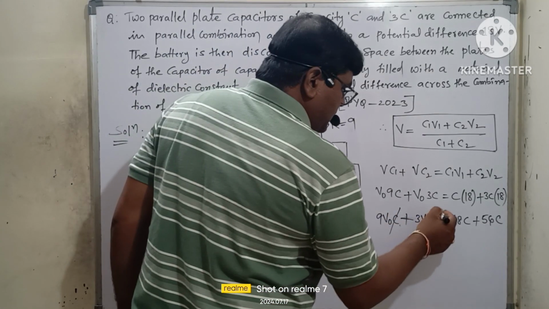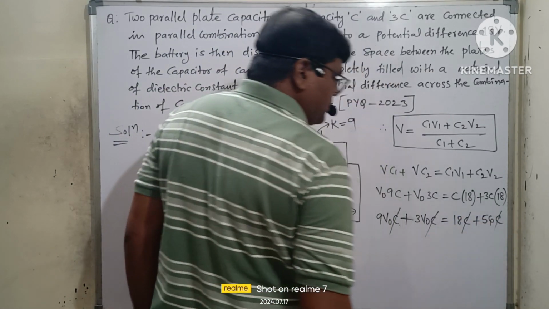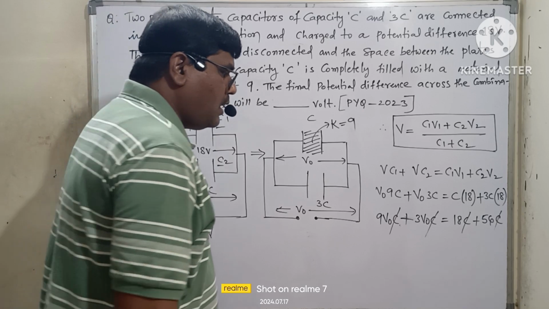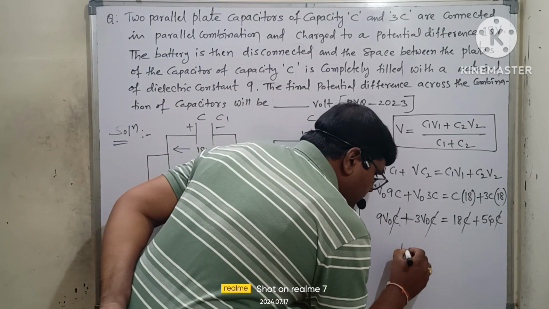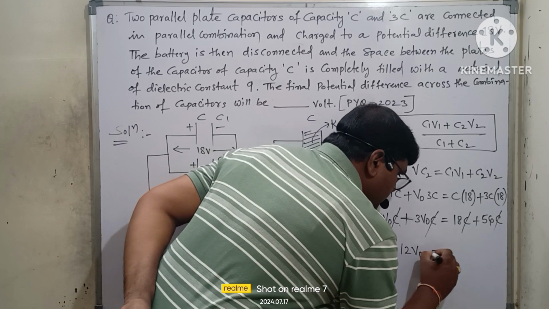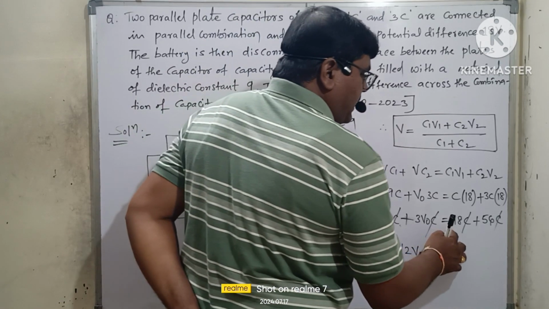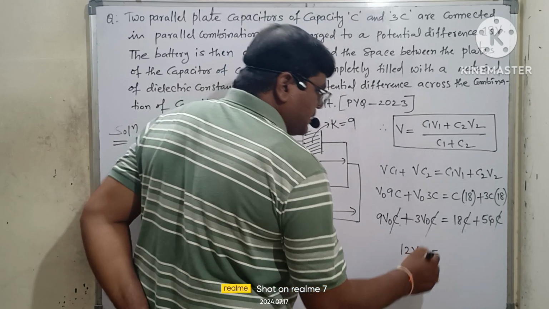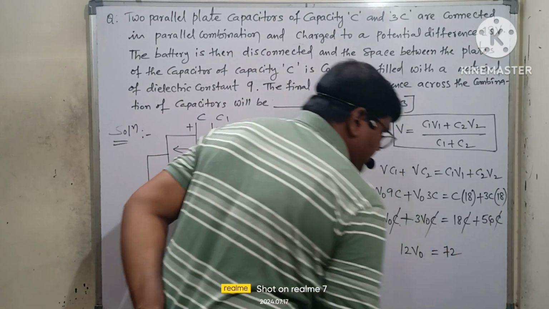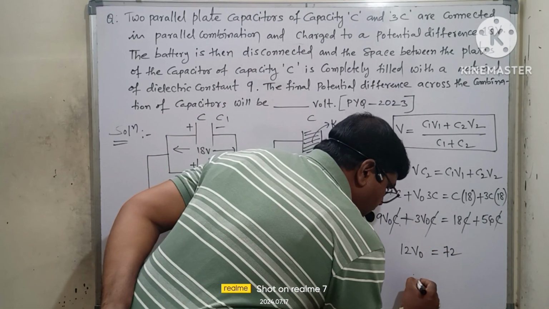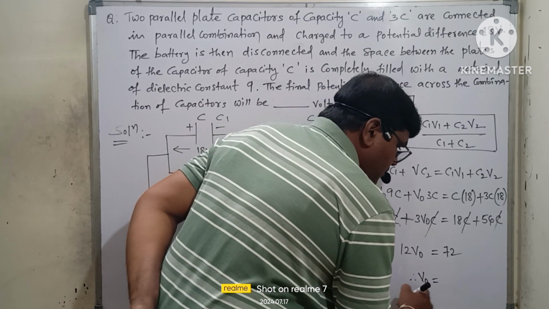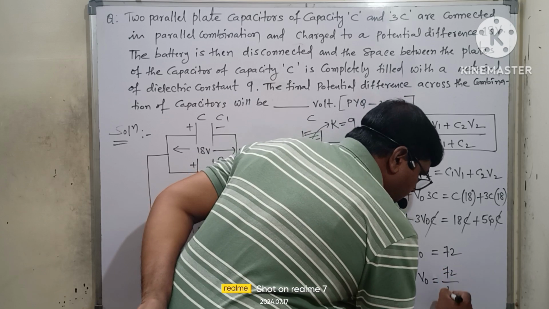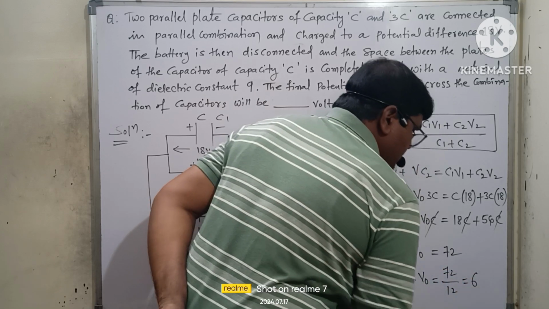If you take C common, then we can cancel it. Now 9V0 plus 3V0 is 12V0, that is equal to 18 plus 54, which is 72. So V0, the common potential, is 72 by 12, that is equal to 6 volts.